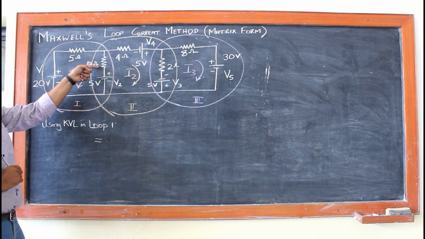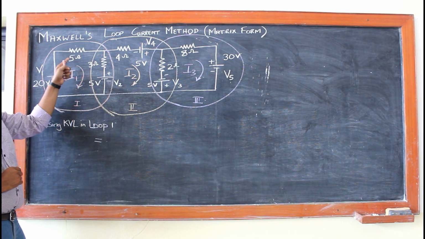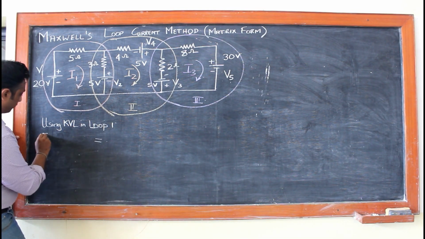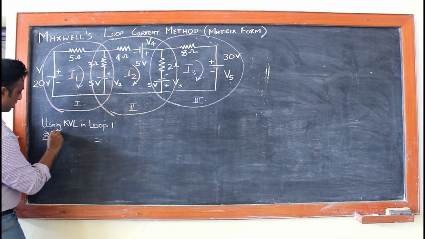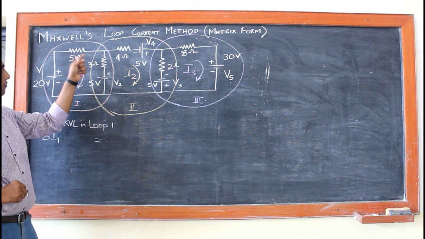I1 is flowing in the 5 ohm and the 3 ohm resistors. You can see it is a loop. So 5 plus 3 is how much? 8. So we have 8 I1.